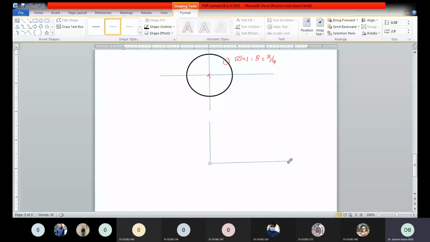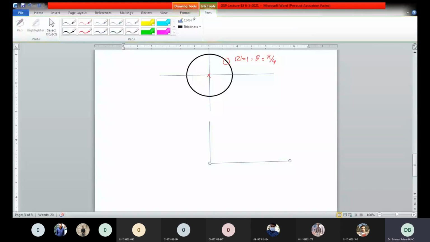So in our case, this would be omega pi by 4, and let's assume this is omega equal to pi by 4, and let's assume this is omega equal to 5 pi by 4.